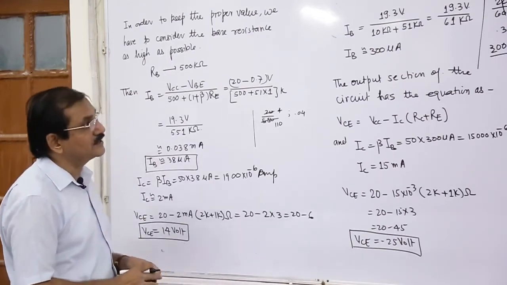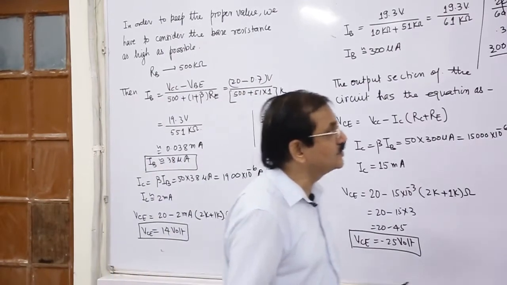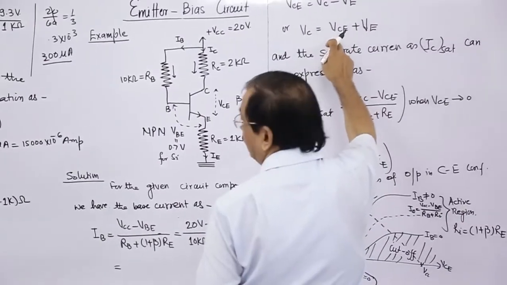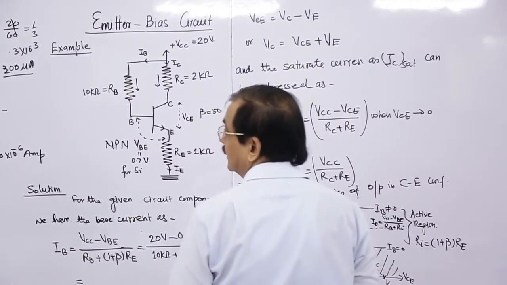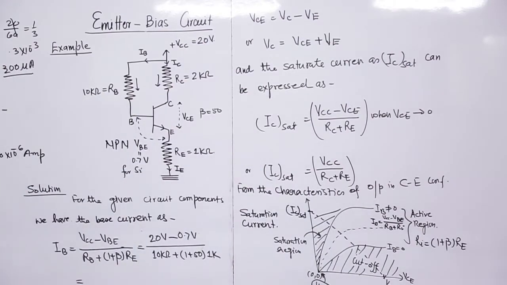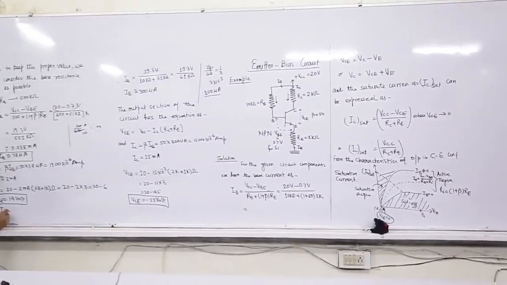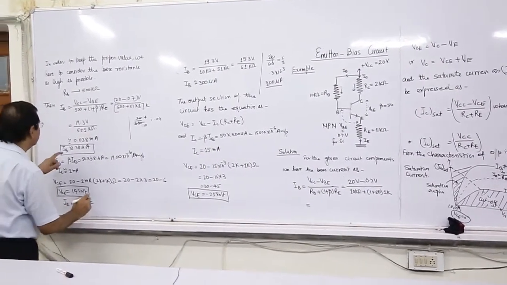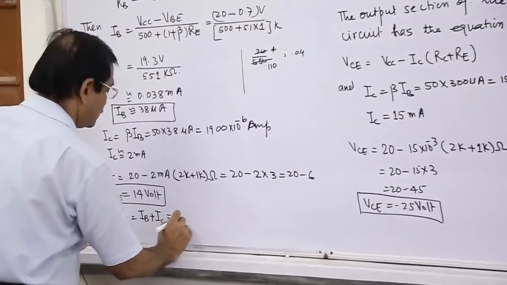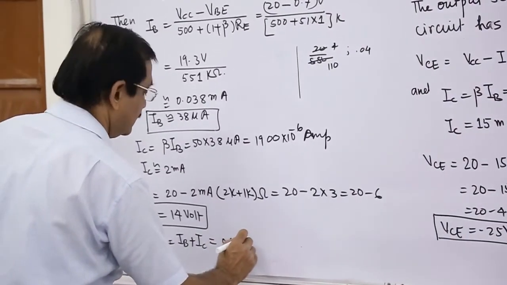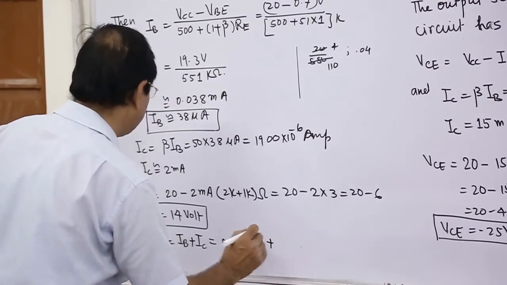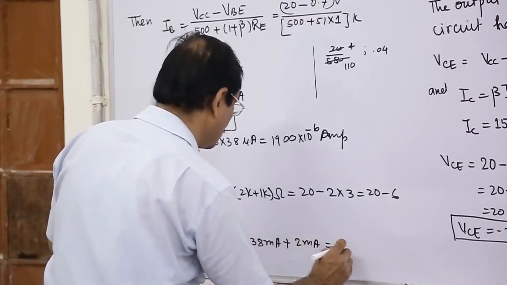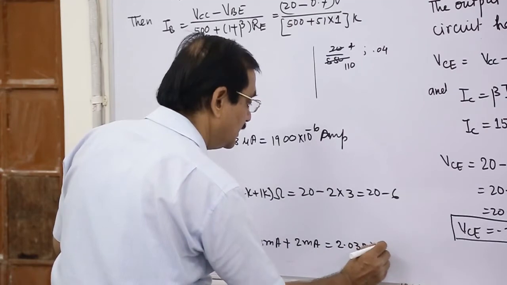What is the I saturate? And here what is IE? We can calculate IE. This IE is equal to IB plus IC. IB is 0.038 milliampere, plus IC is 2 milliampere. So, this is 2.038 milliampere.